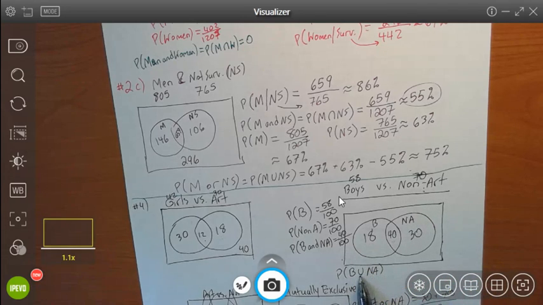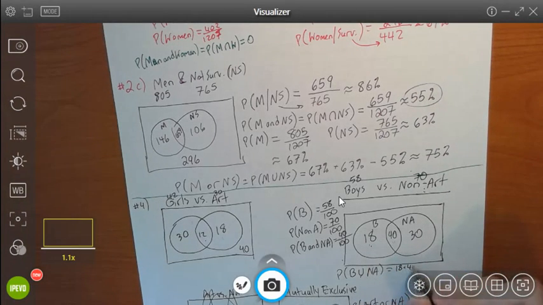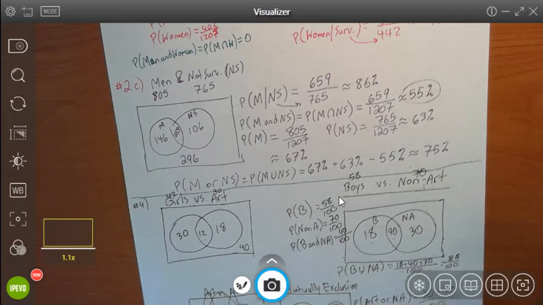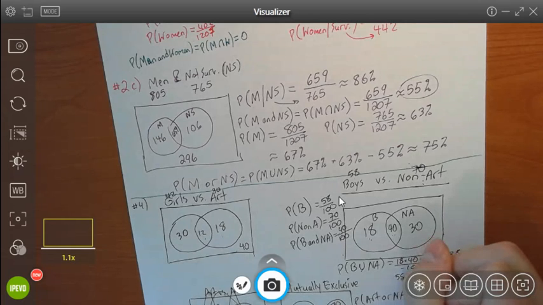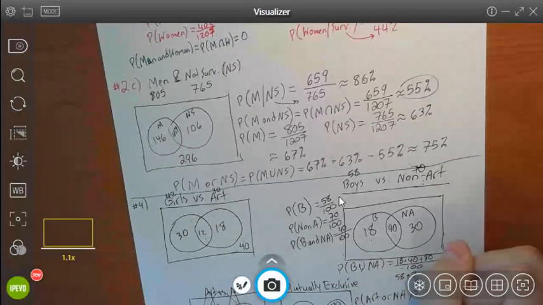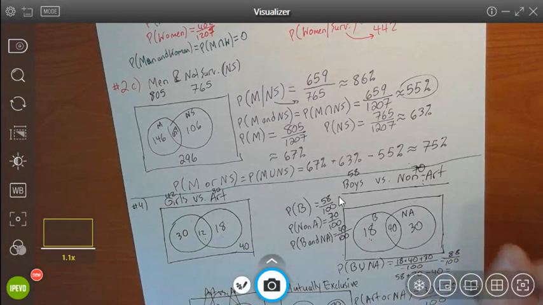So if we wanted to get the probability of boy or non-art, remember that's the union, that means or. If we have a Venn diagram, we can just add them all up. We can do 18 plus 40 plus 30 out of 100 people total. And so that would be 70 plus 18 is 88 people out of 100. And remember, you can also do that by doing the 58 people who are boys plus 70 non-art students minus 40 that are both.